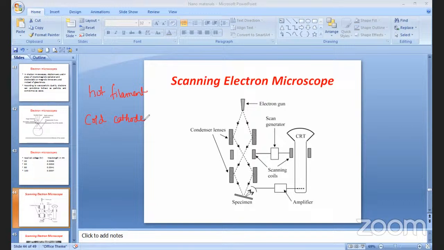The cold cathode emits the electrons under the application of a very high electric field.